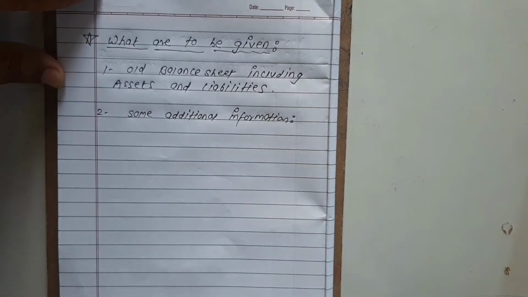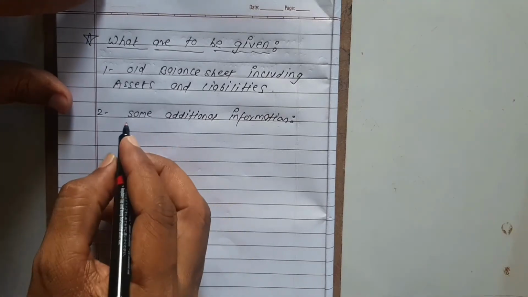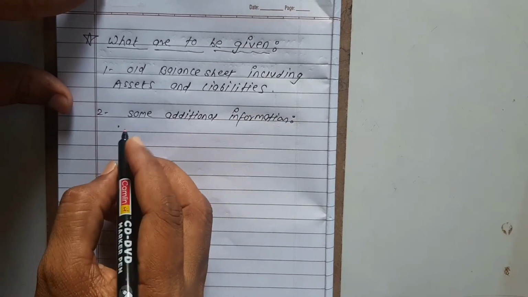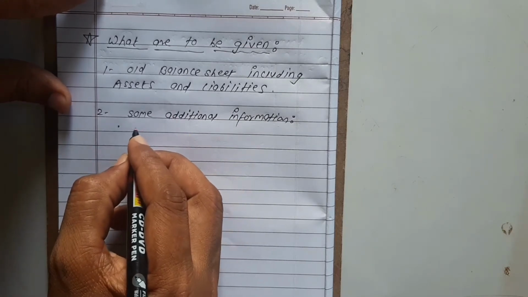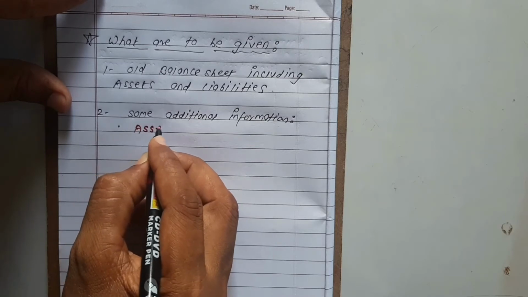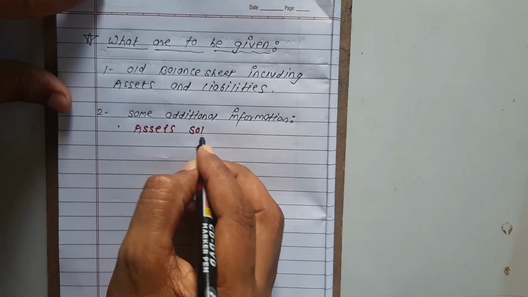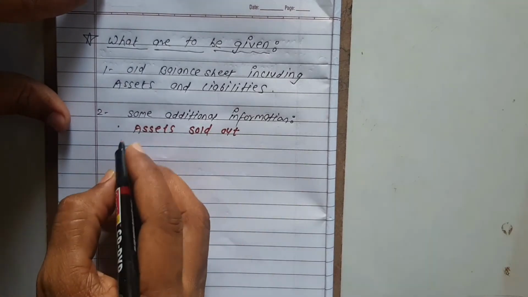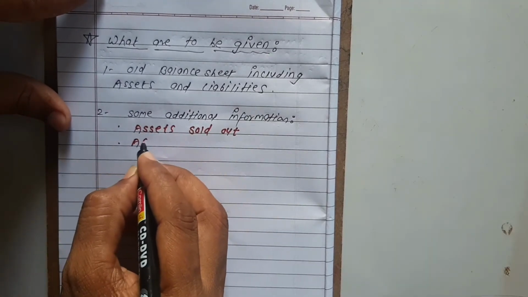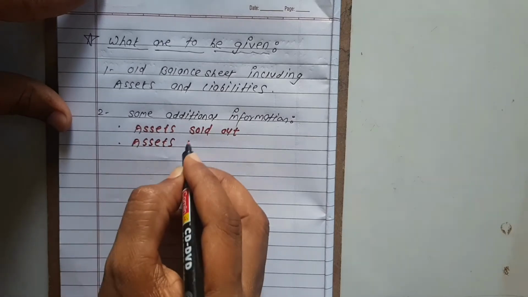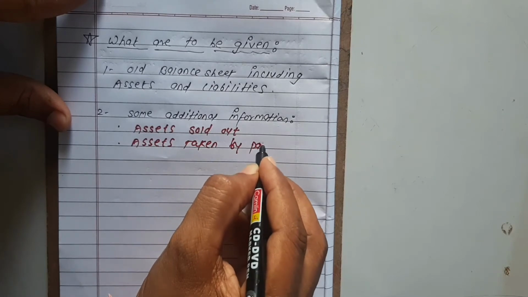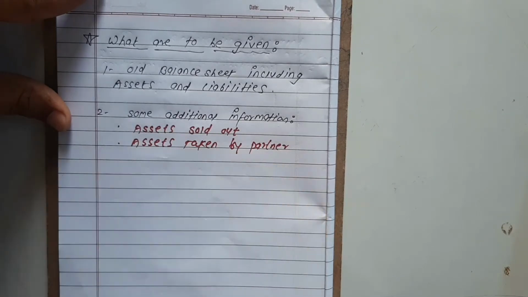Now what kind of information we are expecting, that we have already discussed. I think you remember. So let's see once more. Number 1, the information about assets sold out or assets taken by partner. I think you are getting it. Okay.